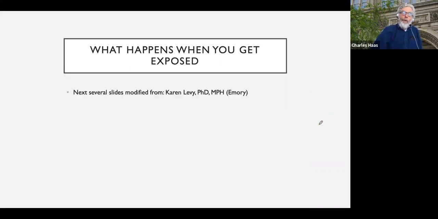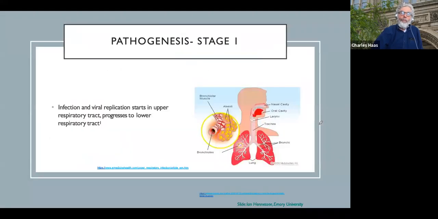Now, when you get exposed, what happens? And the next few slides are taken from a presentation from Karen Levy at Emory. First of all, the virus gets into your upper respiratory tract either by breathing through the mouth or through the nose.